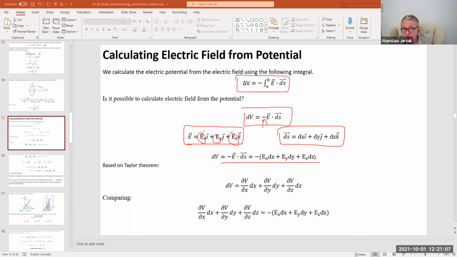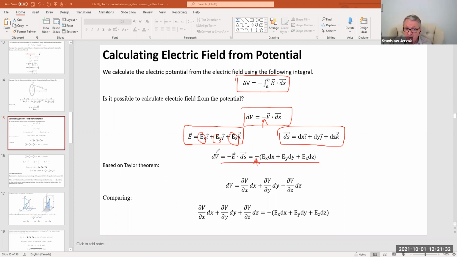The first component times the first component, plus second component times the second component, plus third times third component. So here I have rewritten, I keep the negative sign and I have the sum of products of these components, Ex dx, Ey dy, Ez dz. Okay, so that's how I have written the dot product in terms of the components.